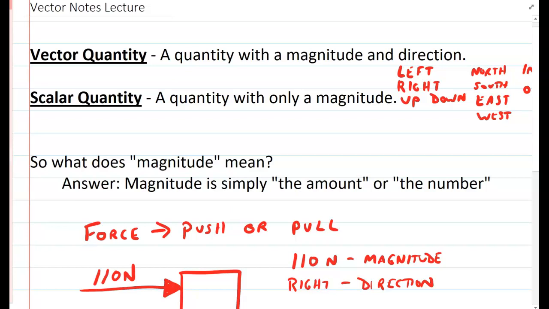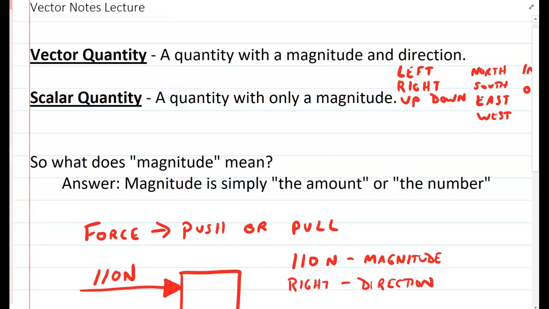And the most obvious one is force. You can't push or pull something without it being in a certain direction. Now the magnitude is simply how hard you're pushing or pulling. It's the number, the amount of the force. But you can't have a force without a direction. You can't have the number for force, 100 newtons or 110 newtons, without saying what direction that force is.